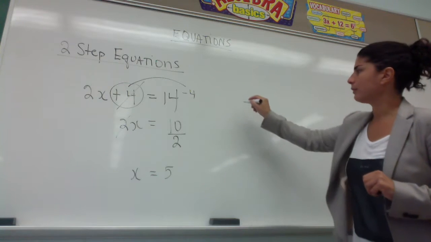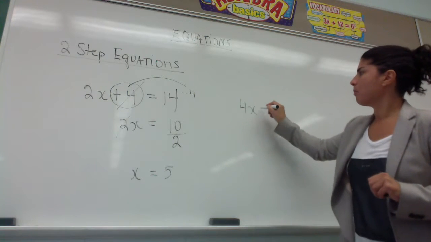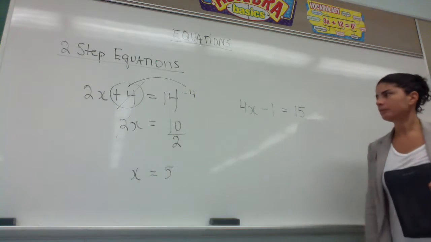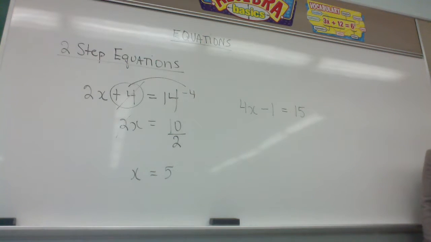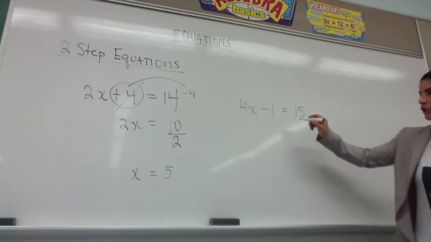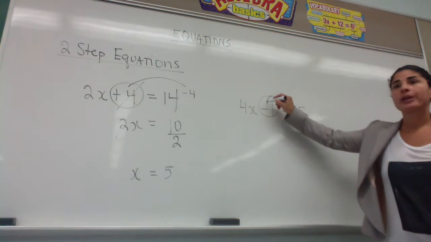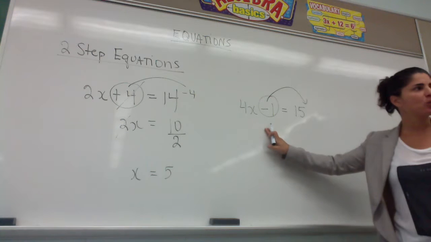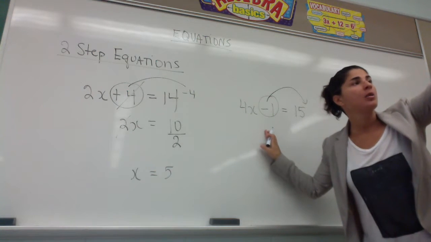Let's try another one. 4x minus 1 equals 15. To remove the minus 1, I circle it, bring it over to the other side as not a minus 1, but a plus 1.